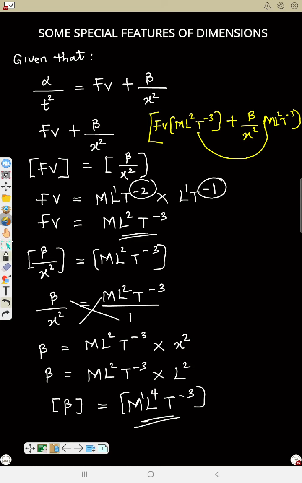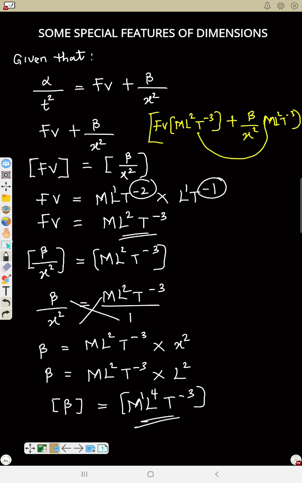So that's it. That means beta is this. We have solved for beta. On what condition? Because before you can add this and this, the dimension of this must be equal to the dimension of this. Now how can we find alpha in that sense?